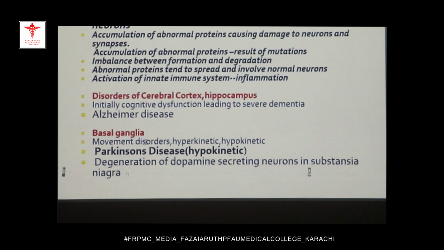Then we have basal ganglia diseases, which result in movement disorders. One being causing hyperkinetic, others hypokinetic disorders. Parkinson's disease is the prototype of hypokinetic movement disorders. This results because of the degeneration of dopamine secreting neurons in substantia nigra.